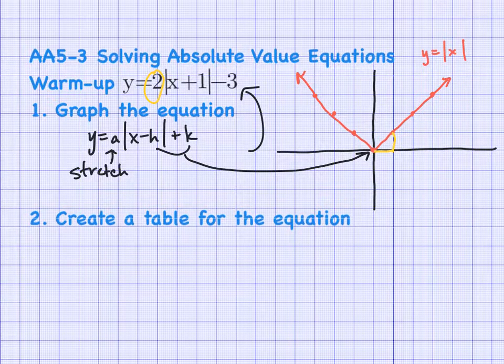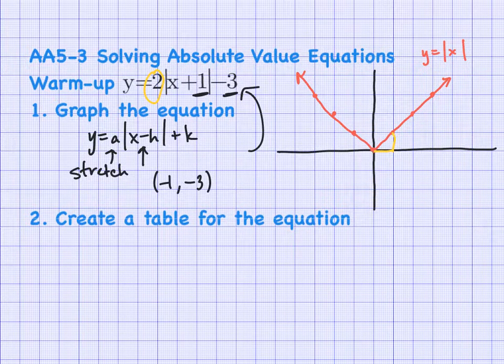So in this particular equation, for our hk, you have to be careful with the negatives here because that's an x minus h. So we have an h of negative 1 and a k of negative 3. So we're going to graph, let me erase that arrow real quick, negative 1, negative 3, in blue.